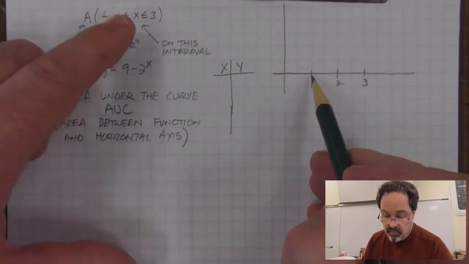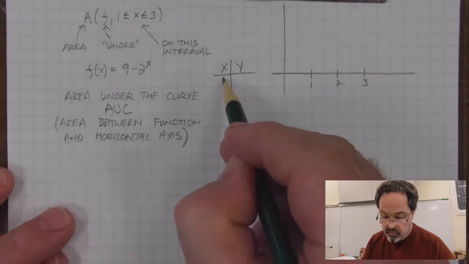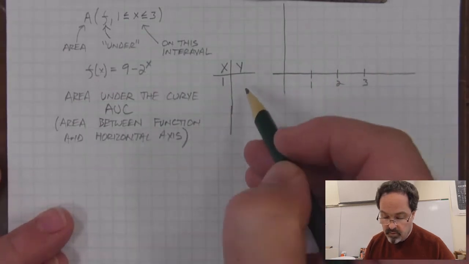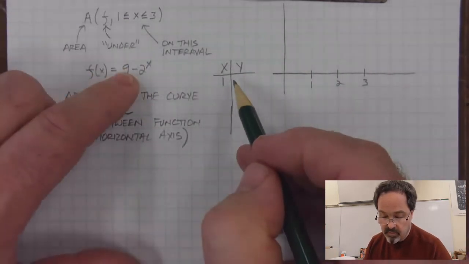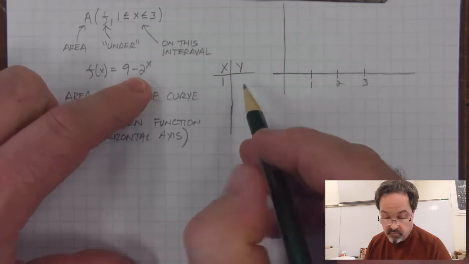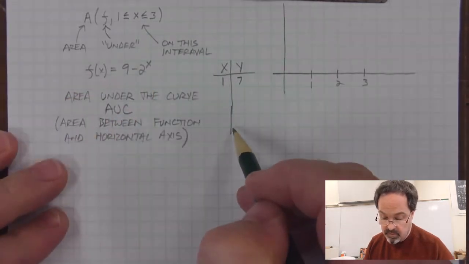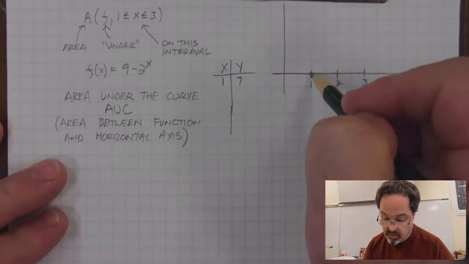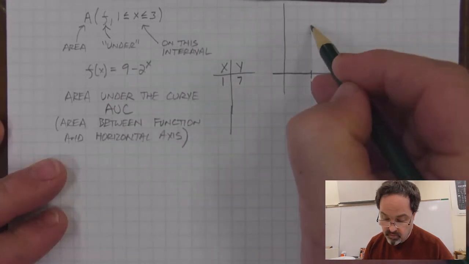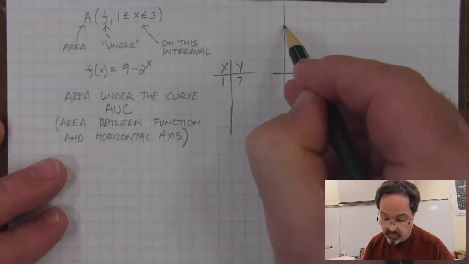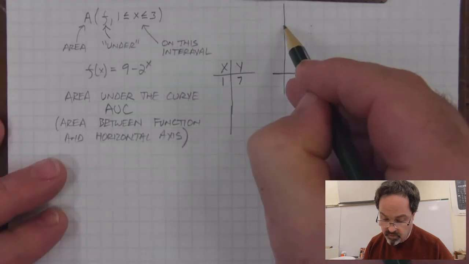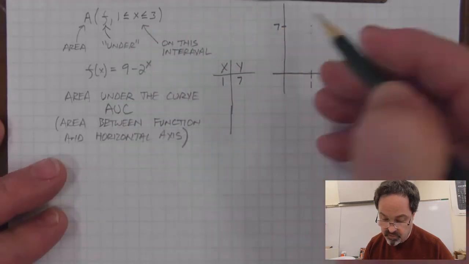The beginning of my interval starts at 1, so I'll choose x to be 1 and calculate y. 9 minus 2 to the 1 is 9 minus 2, or 7. And if I was to graph 7, on the vertical axis, I'm going to make 1 box count for 2, so 7 is here.